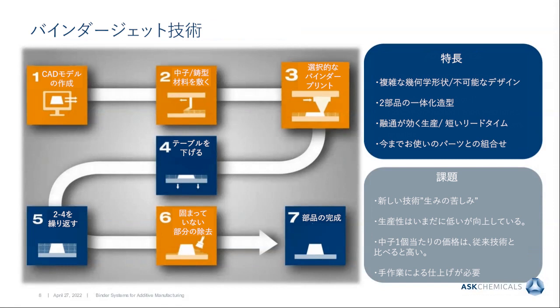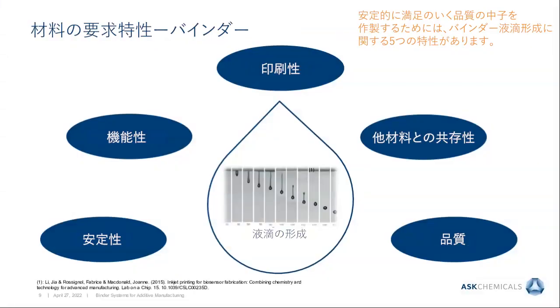Now, let's look at the material side of the process. What is actually needed for binder jetting of sand cores? Let's start with the binder. The main requirement for the binder is to be printable, to produce good, reproducible, and stable droplets out of the print heads.